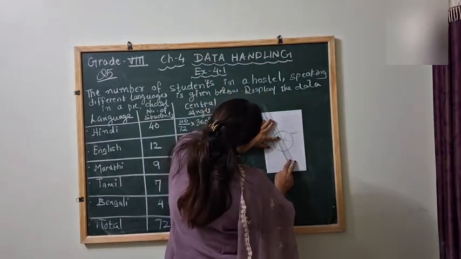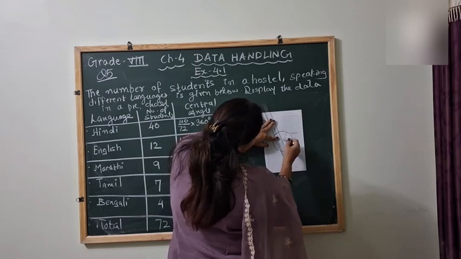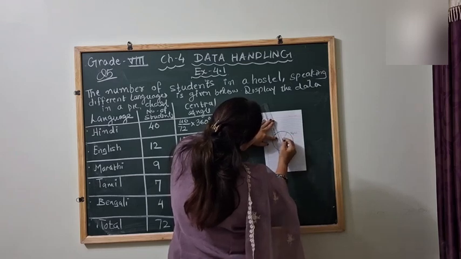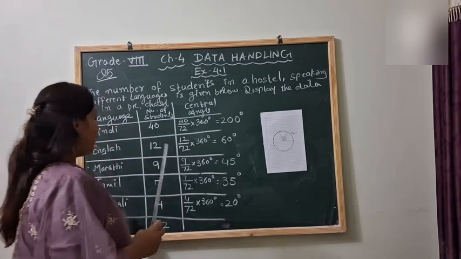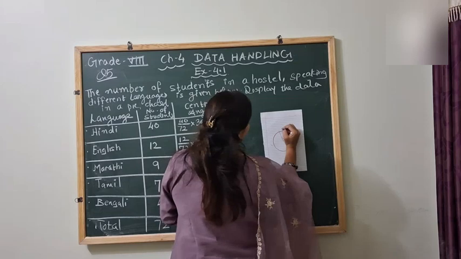Very simple. This is 45 degrees, and 45 degrees is shown by which language? Marathi. So here you can write Marathi.